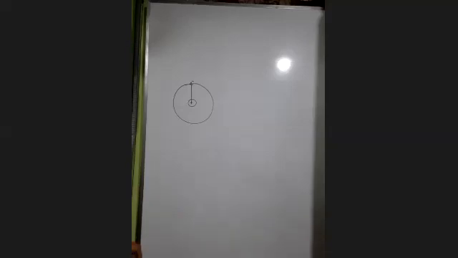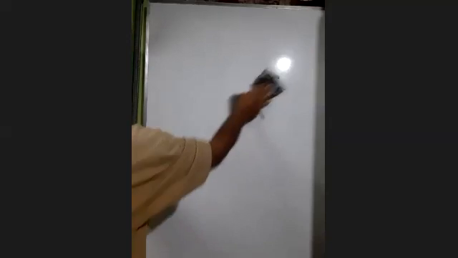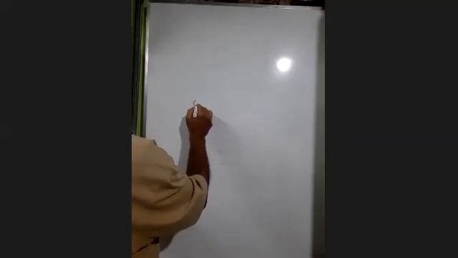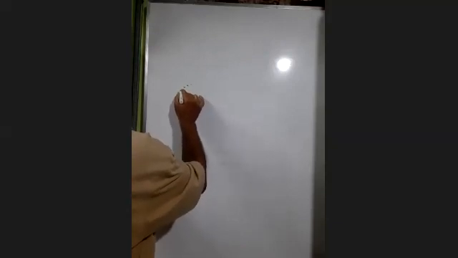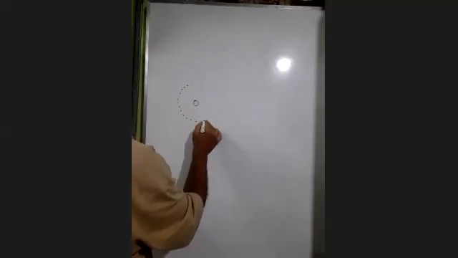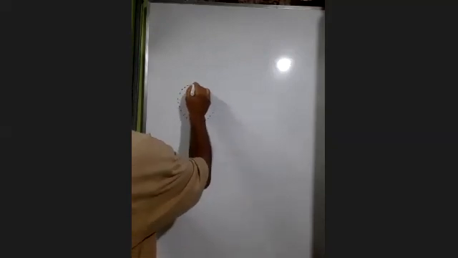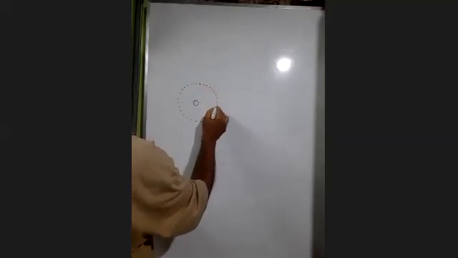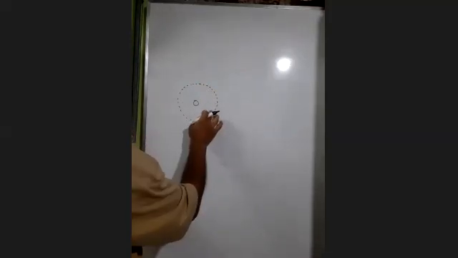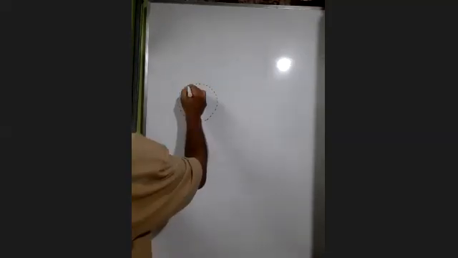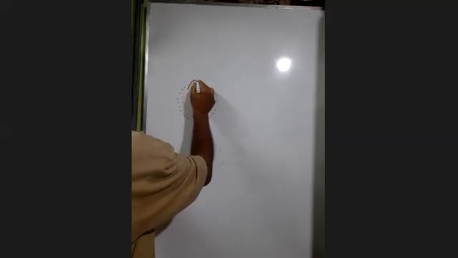When we apply the Heisenberg uncertainty principle, you will find that actually the electron does not move in a circular orbit. So this is the nucleus and this is our orbit, and the electron moves in this way.